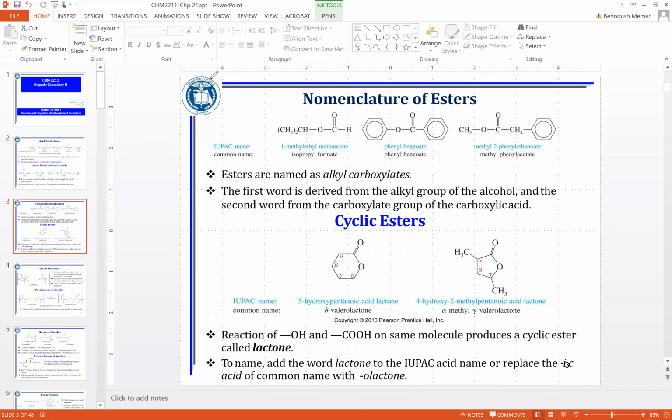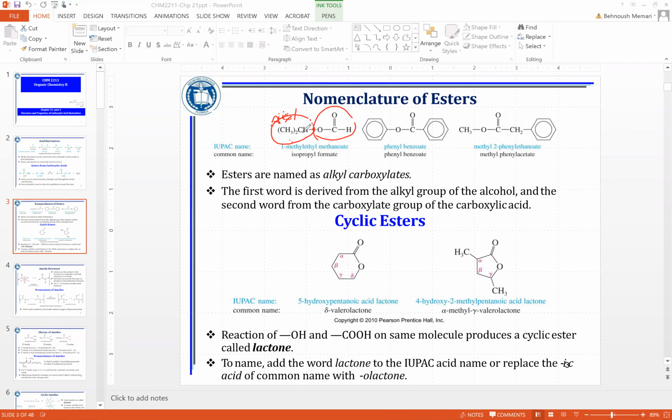For nomenclature of the esters, you would name them as alkyl alkanoate. That's the general name. If you look at the molecule, the R group that is attached to the oxygen is coming from alcohol. That would be the alkyl group that you're naming, and the other side is coming from acid.